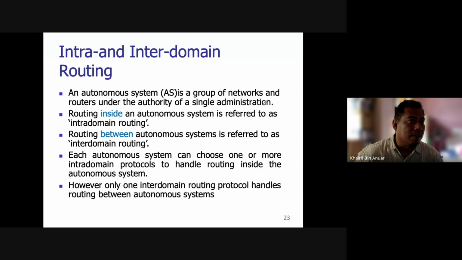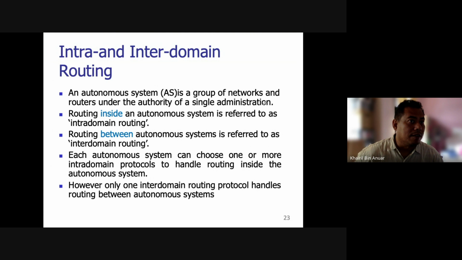And if there are any changes, it also needs some period of time to make the changes itself. Okay. So with routing, there are two different types, intra and inter. And as I mentioned, there's a term called autonomous system.